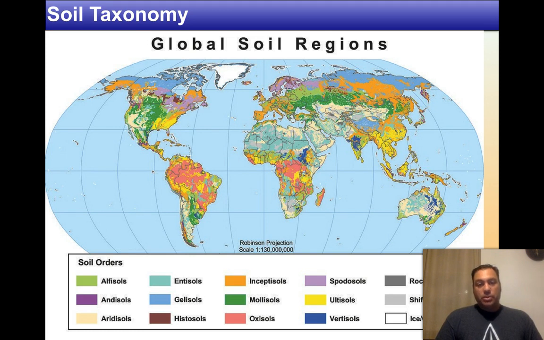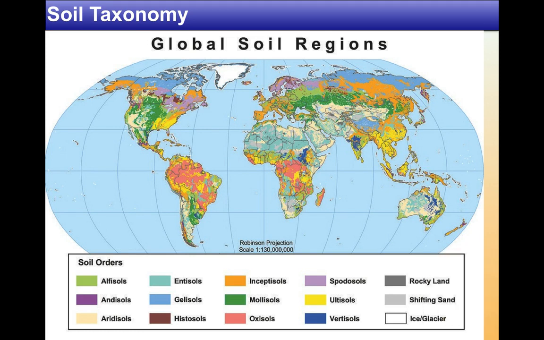So here we see these global regions where all these 12 soils exist, right? Here are the alfisols, they come up a certain color, and andisols. Let's go to the ones I brought up, right? The gelisols, I just said these tend to form in cold environments. Well, it turns out here are the gelisols up here at the northern part of Alaska, into the Klondike region of northern Canada, all the way up into the areas just to the west of Greenland.